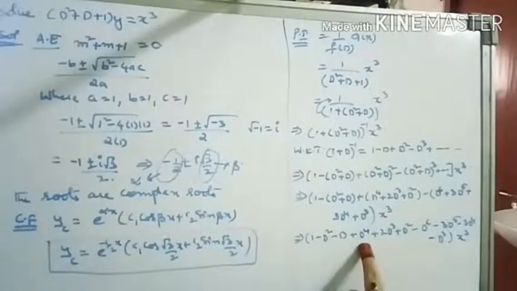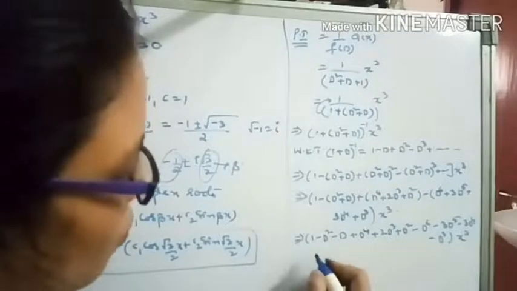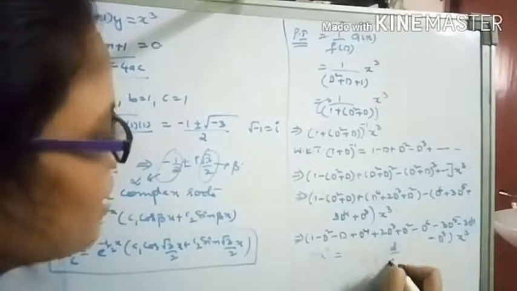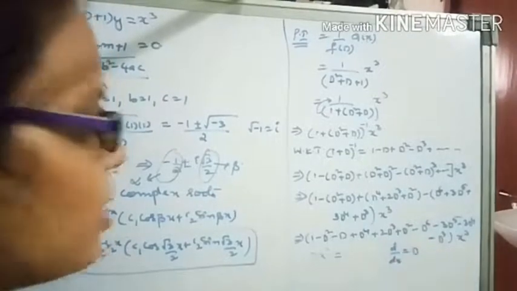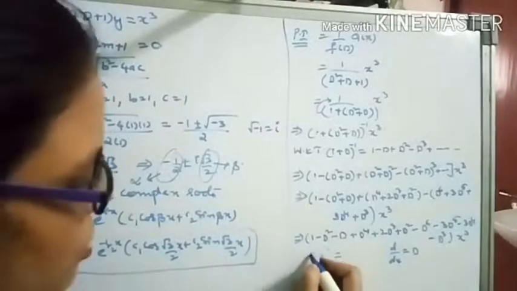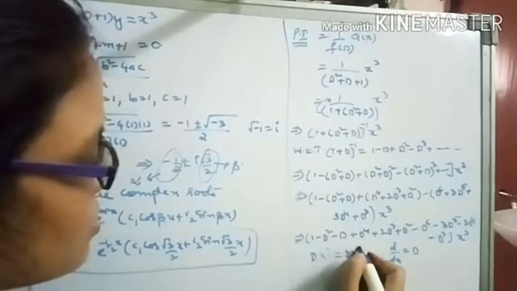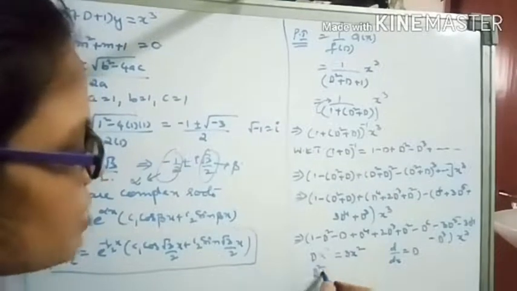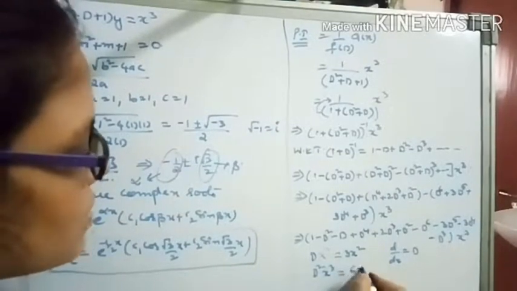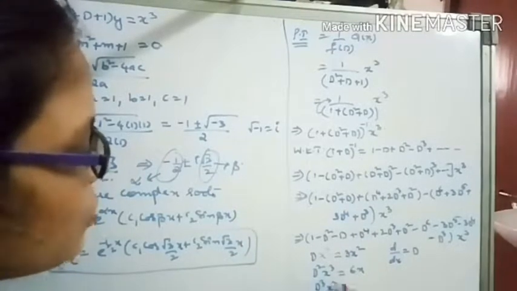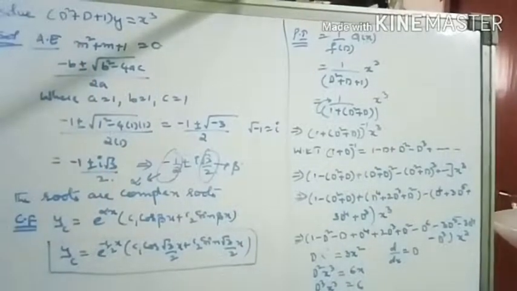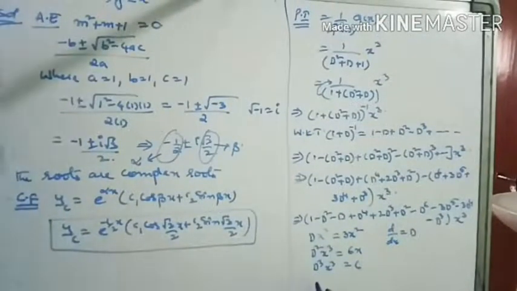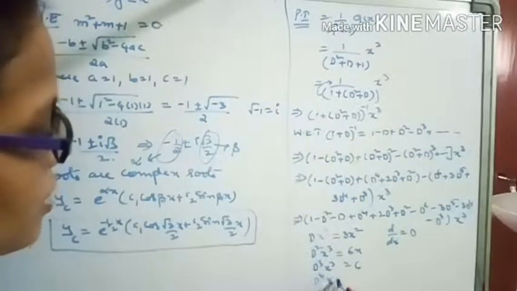The higher terms will vanish, because D cube x cube, where D stands for d by dx: first differentiation we get 3x square, D square into x cube is equal to 6x, D cube x cube is equal to 6, and D power 4 x cube is equal to 0.